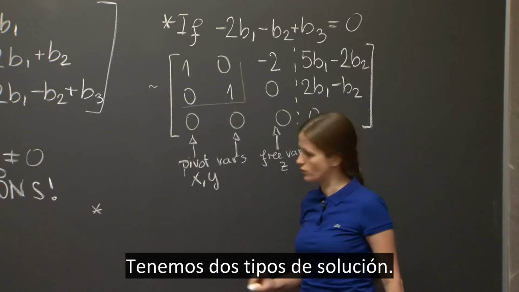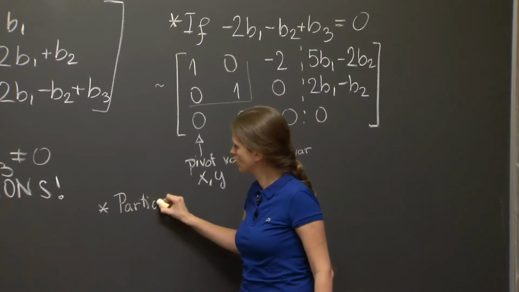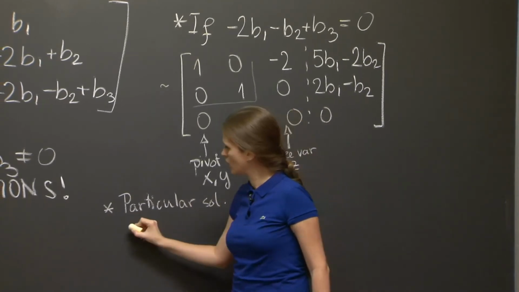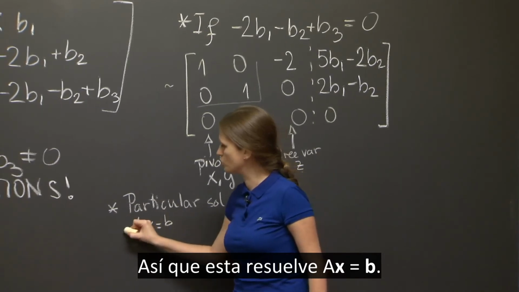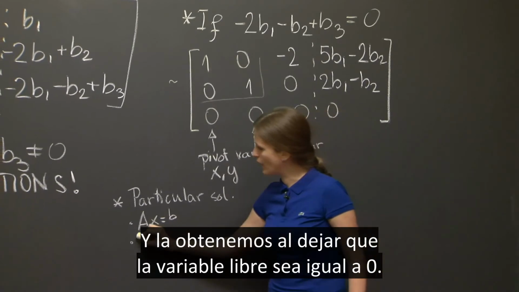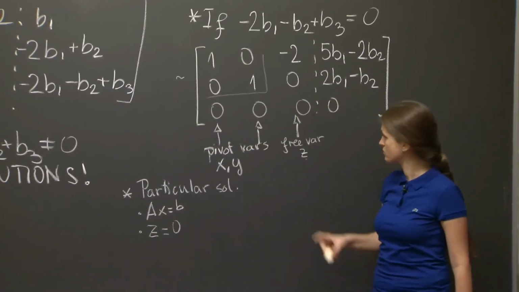We have two kinds of solution. One kind is the particular solution. This one solves Ax equals b. There's only one of them, and we get it by setting the free variable equal to 0.